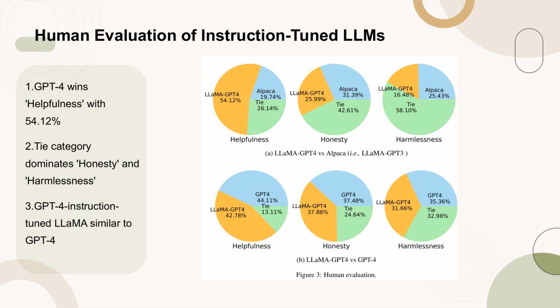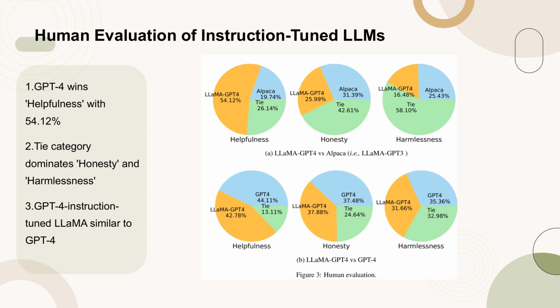In the comparison between LLaMA models fine-tuned on data generated by GPT-4 and GPT-3, Alpaca, GPT-4 significantly outperforms in the helpfulness criterion with 54.12% of the votes, while GPT-3, Alpaca, only wins 19.74% of the time. For honesty and harmlessness, the majority of votes fall into the tie category, indicating a close performance between the models.